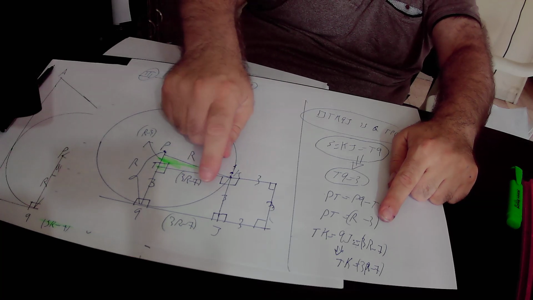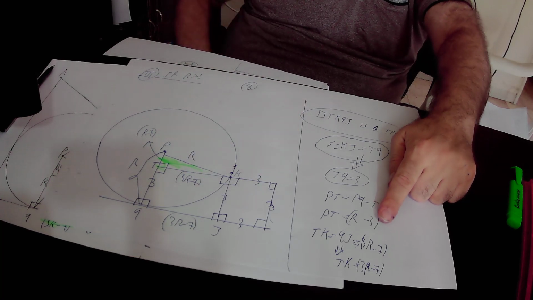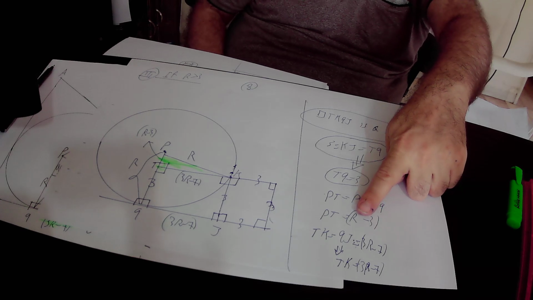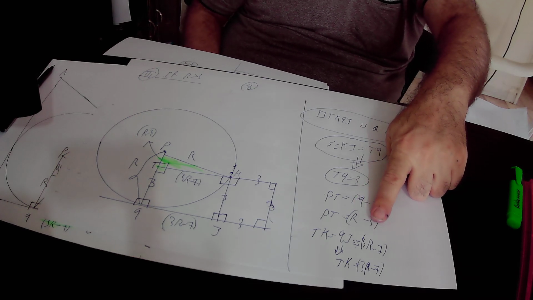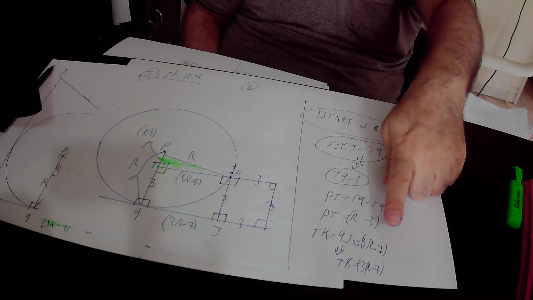But QJ equals 3R minus 7. So from this equation, TK equals QJ equals 3R minus 7, we derive that TK also equals 3R minus 7.